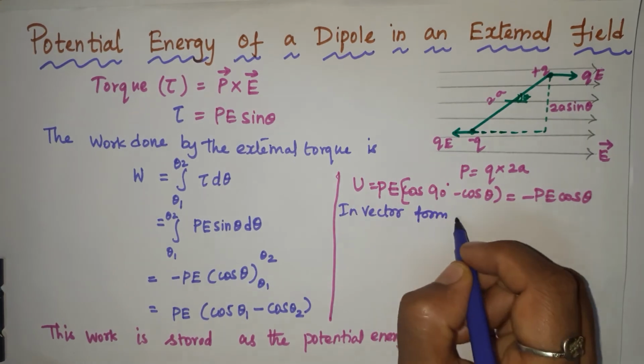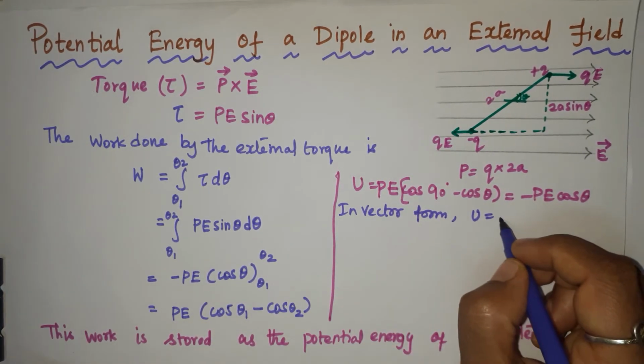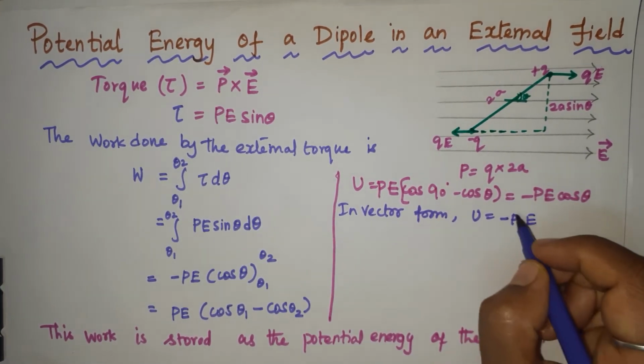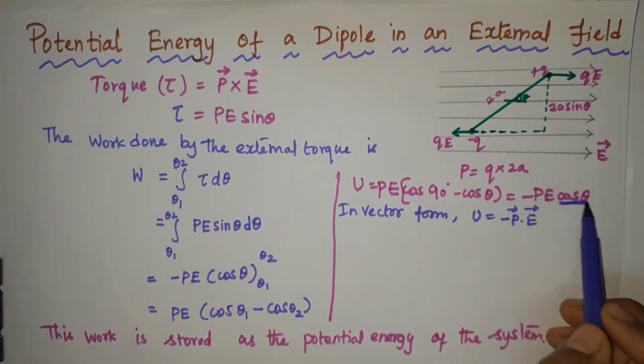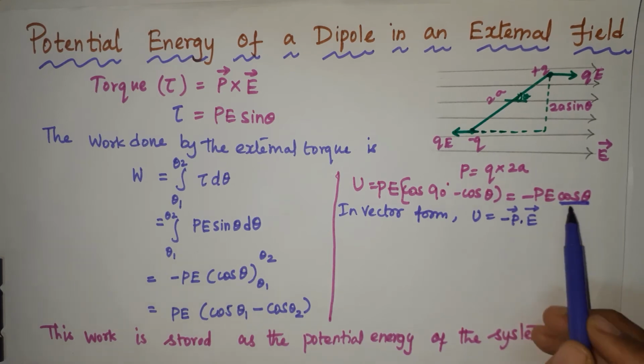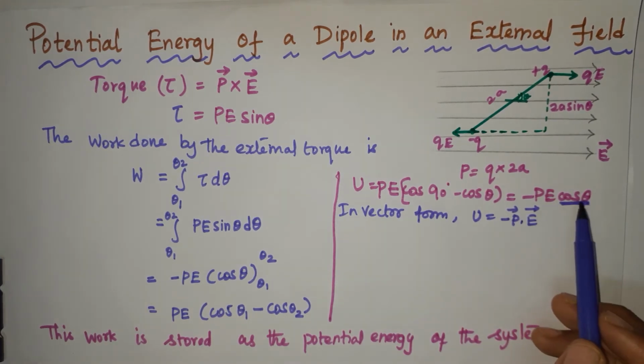In vector form, U is equal to minus P dot E, because dot product gives a cos theta, so instead of dot you can take cos theta.